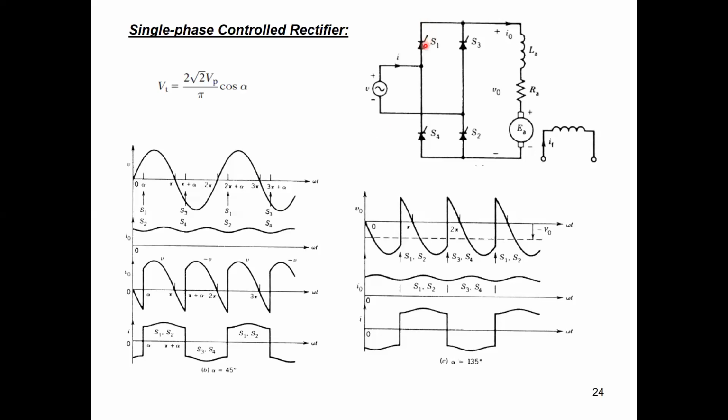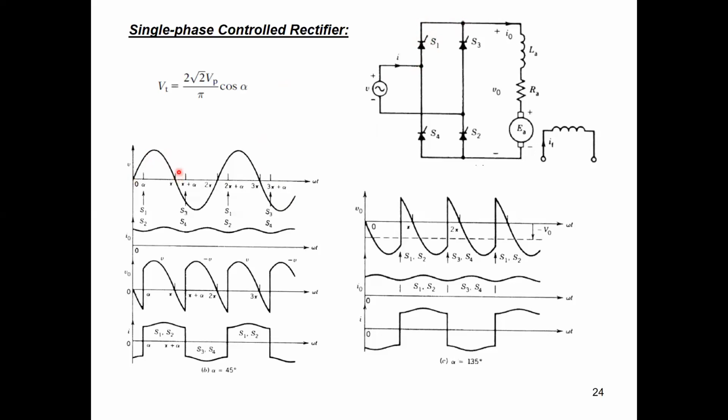Simply, S1 can be turned on when the anode is positive compared to the cathode, and this will happen during the positive half cycle of the AC supply, which means V is positive, and the output in the beginning will be nothing because there is no current moving yet. So S1 will be turned on during the positive half cycle.